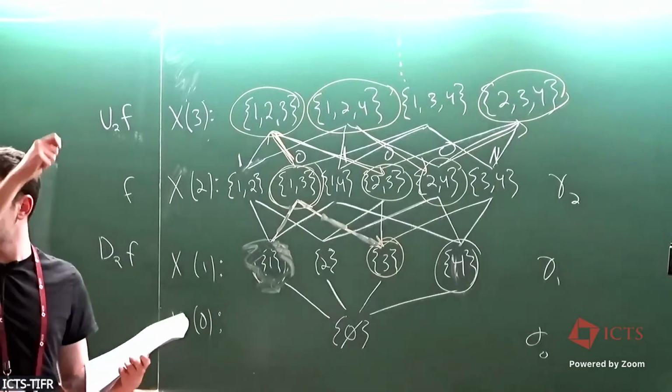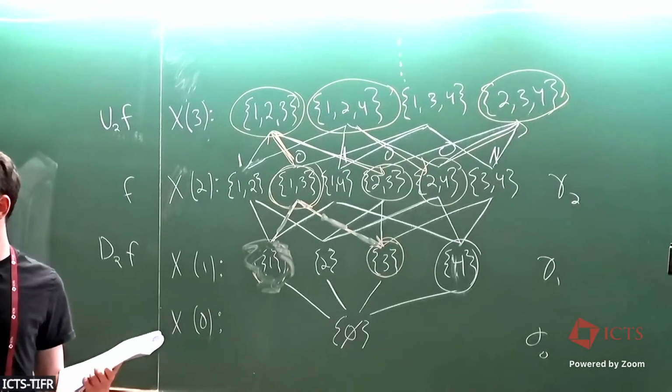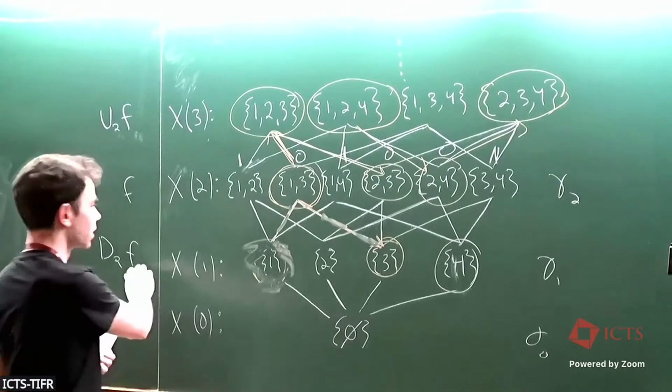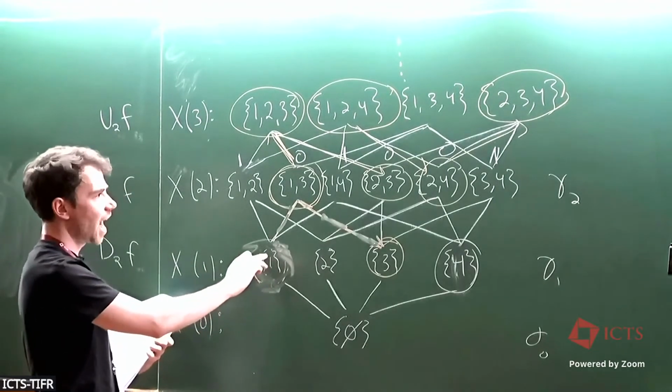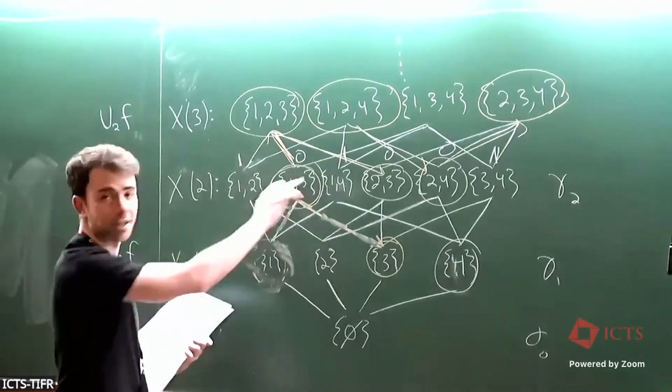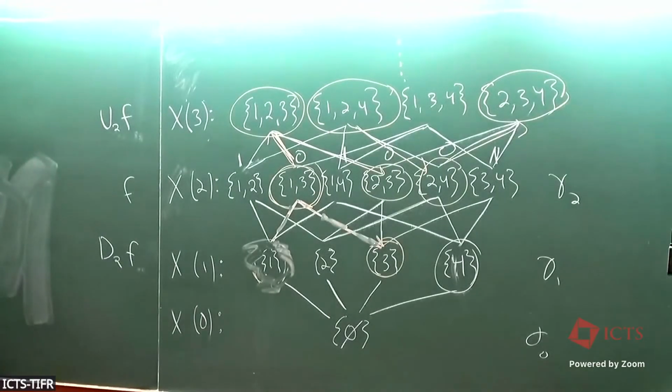So I'm just lifting and lowering functions by averaging their value, right? Similarly, the down operator on 1 would be the average value over 1, 2, 1, 3, and 1, 4. And remember, this is exactly the action of the adjacency matrix, right? You average functions over your neighbors. This is just the bipartite adjacency matrices of this diagram.